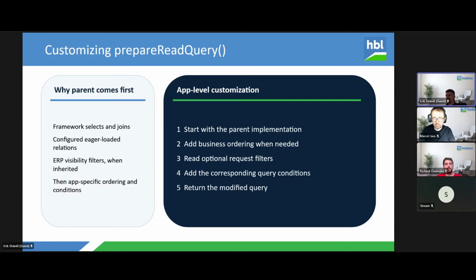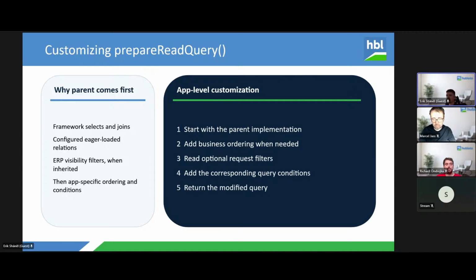The parent implementation prepares the standard parts of the read. It selects the model fields, adds the joins needed by the lookup columns, and includes the relations allowed by the model settings. If our record manager inherits the ERP behavior, the parent chain may also add the standard visibility filters.